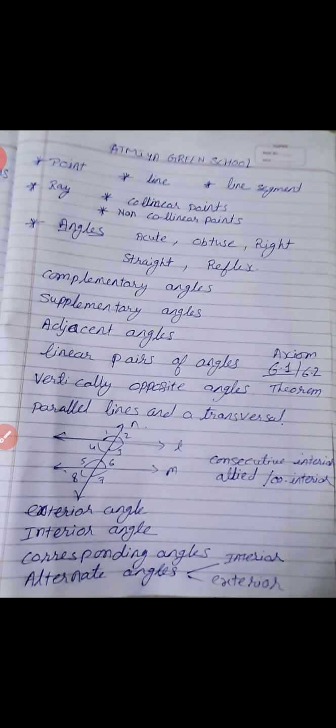Okay, what is a transversal? Recall that the line which intersects two or more lines at distinct points is called a transversal.